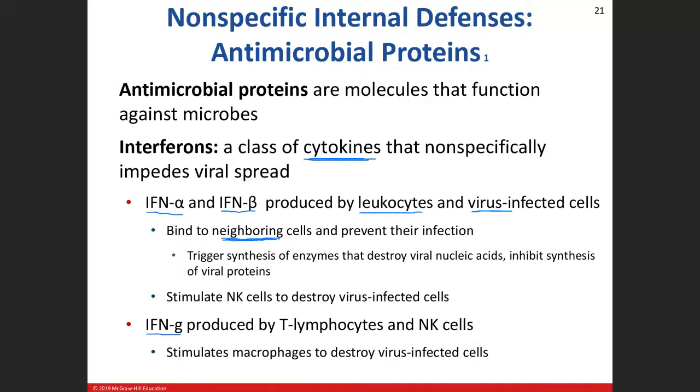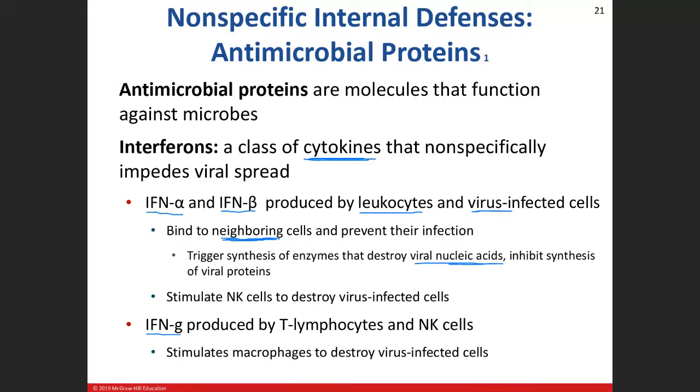So the neighboring cells are going to try to prevent the infection of the virus that is affecting one of their close neighbors. They take precautions and start to create enzymes that are going to kill the nucleic acids, which are the genetic makeup of that virus, because that's what viruses do. They infiltrate a cell, and then they turn that cell into a factory to make more of that virus.